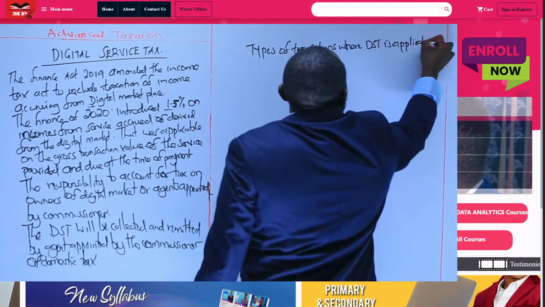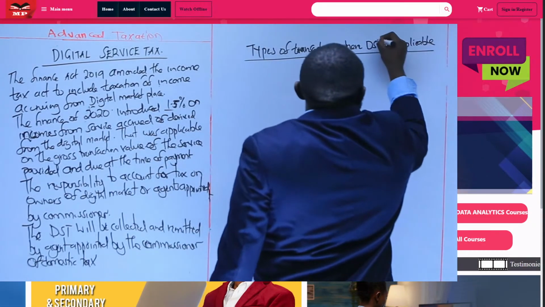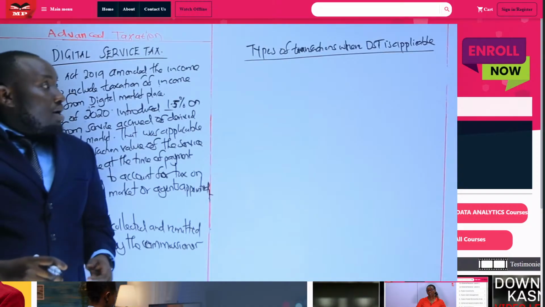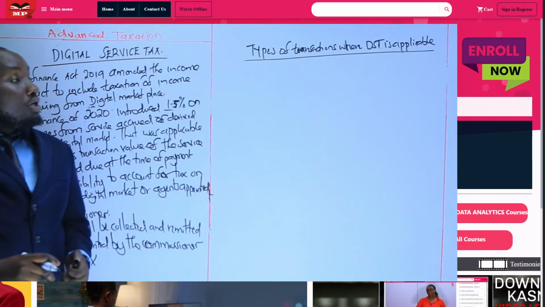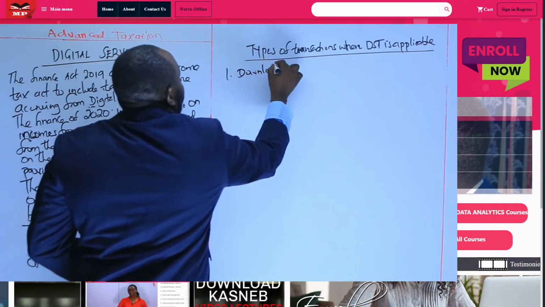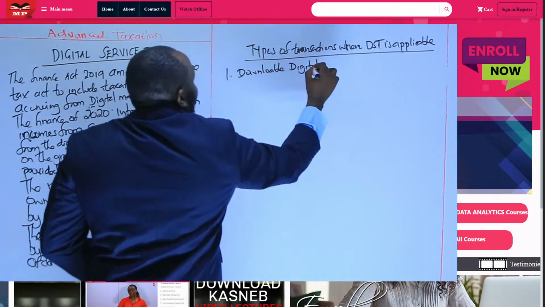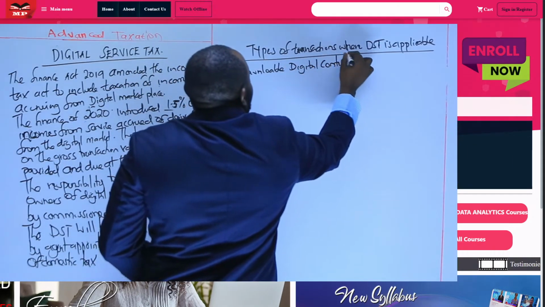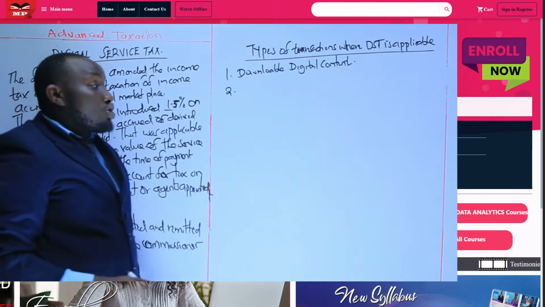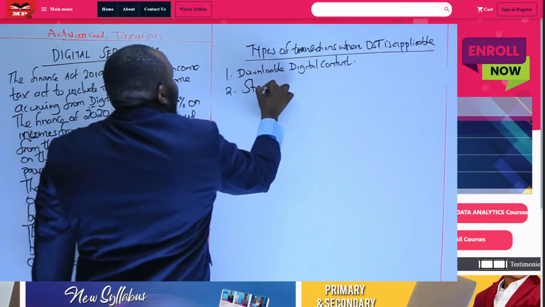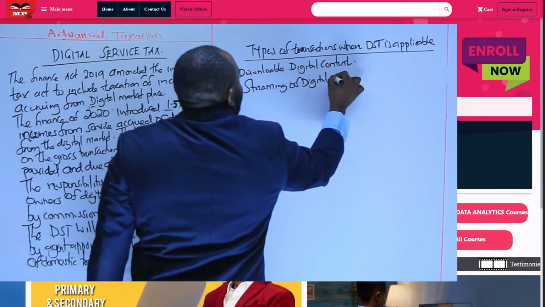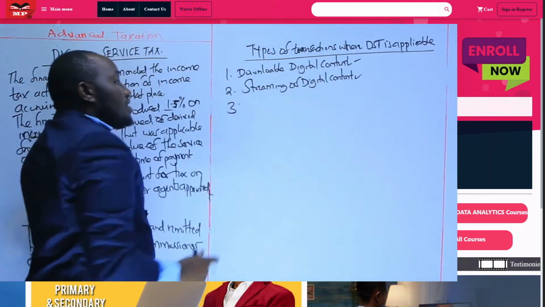One is downloadable digital content. That is where DST is applicable. We have streaming of digital content, where it's applicable.